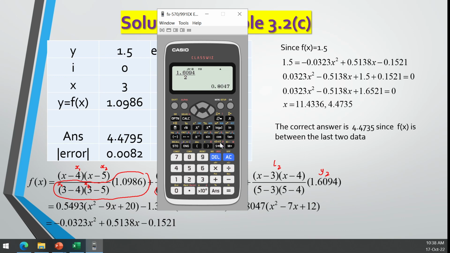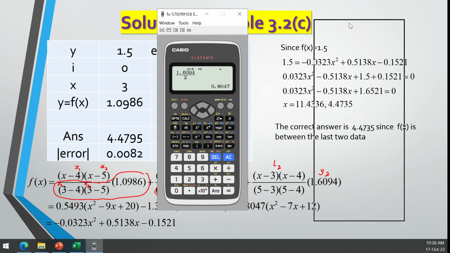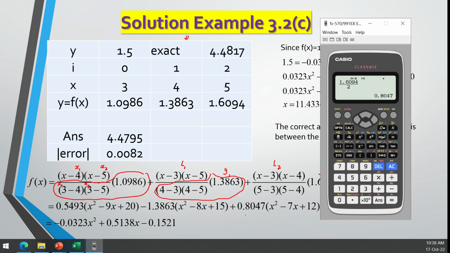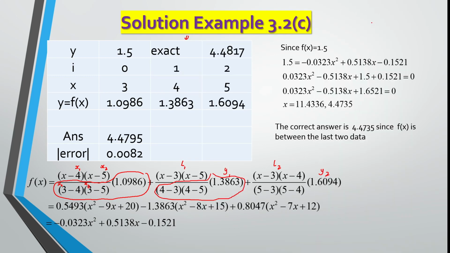So you get 0.8047. Then you expand (x − 3)(x − 4): total is x squared, minus 7x, negative 3 times negative 4, so plus 12.